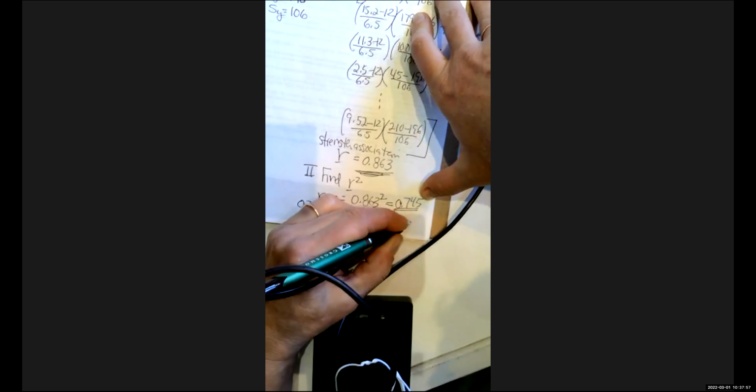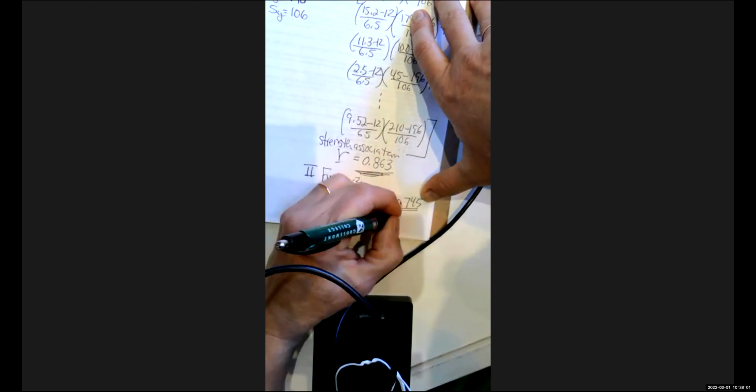R squared is a little more specific. All right. So this value of our r squared is going to tell us that we got 0.745. So 0.745 of variance in my y variable.